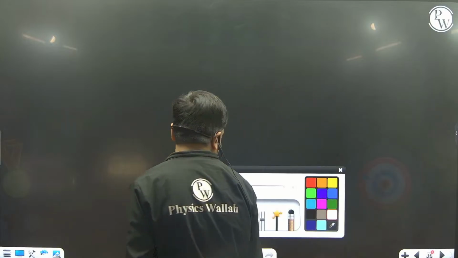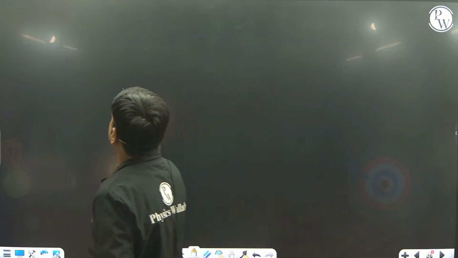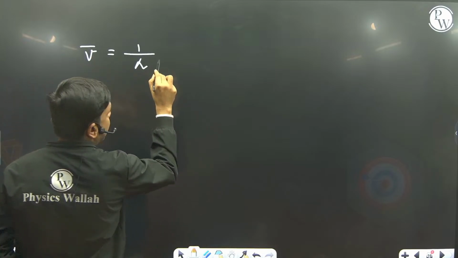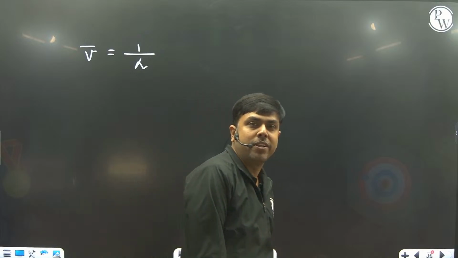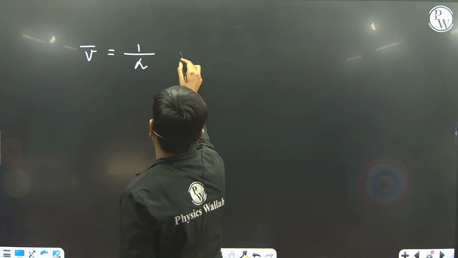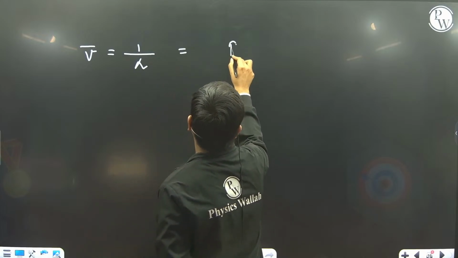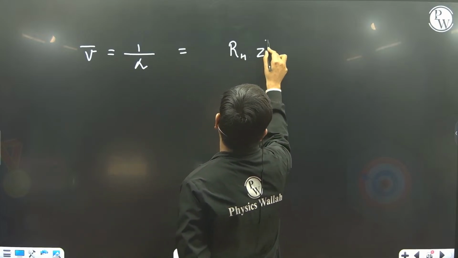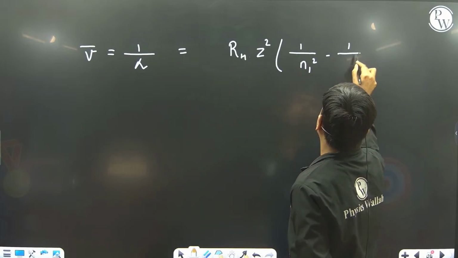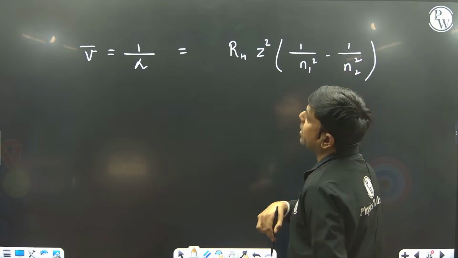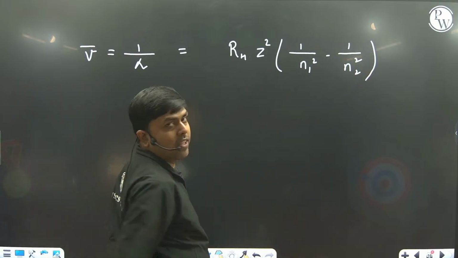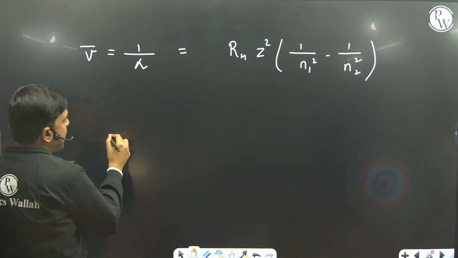Simple formula based. What is wave number? Wave number is nothing but inverse of lambda, right? The number of wavelengths in a unit length is nothing but wave number. And this 1 by lambda is always equal to RH into Z square into 1 by N1 square minus 1 upon N2 square. What is Ni here?